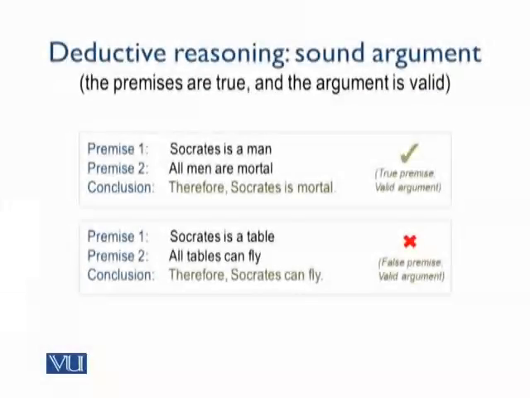In this case, since we know that Socrates is not a table and we know that typically tables do not fly, we would say the premises of this argument are not correct, and because of that, while this argument is valid, it is not sound. So having talked about these three kinds of arguments, valid, invalid, and sound arguments, obviously you would have unsound arguments as well.